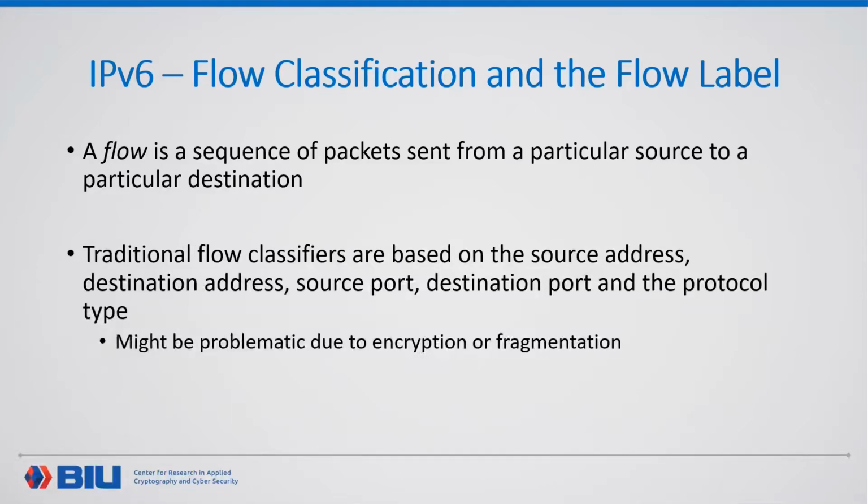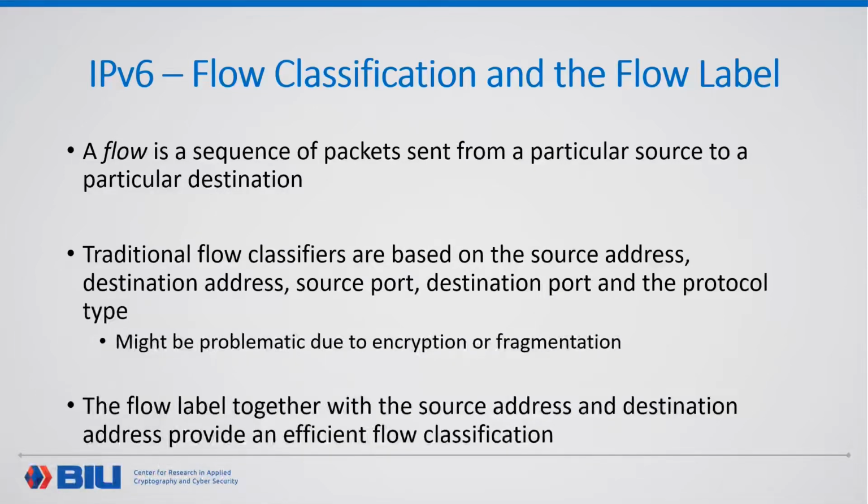But this might be problematic when the forwarding devices are not aware of some of the five-tuple fields, for example due to encryption or fragmentation. So to overcome this issue, IPv6 has introduced the flow label field that, together with the source address and the destination address, should provide forwarding devices the ability to perform an efficient flow classification.